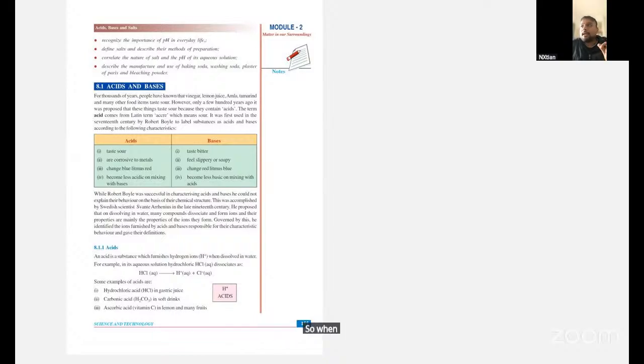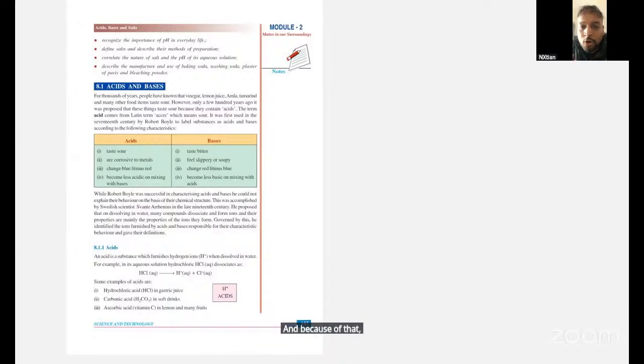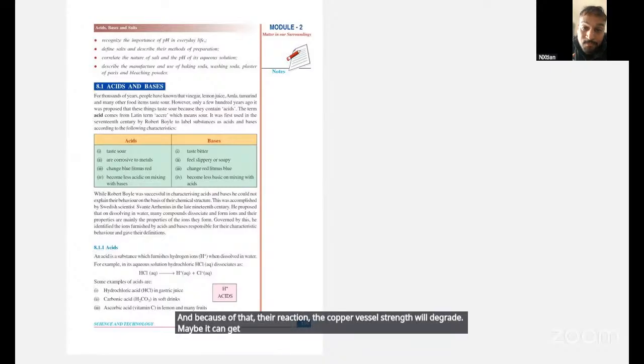So if I take a copper vessel and store lemon juice in it, lemon juice is an acid and the copper vessel is a metal, so because of their reaction the copper vessel's strength will degrade. Maybe it can get a hole also. That is why it is said not to store curd in a copper or brass vessel.